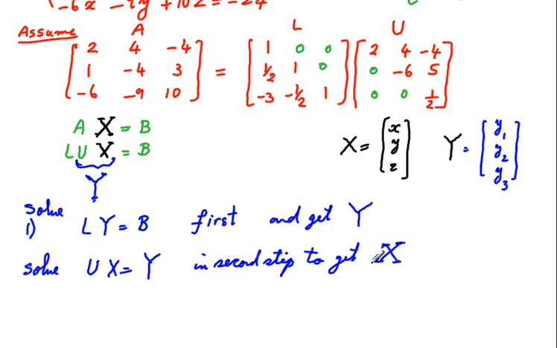Okay, let's just go ahead and do it. Who is U? U is the upper triangular matrix that you have here. Okay, let's go step 2.